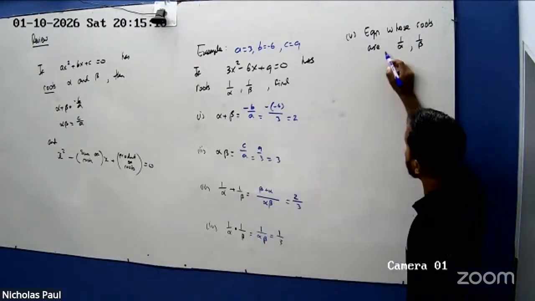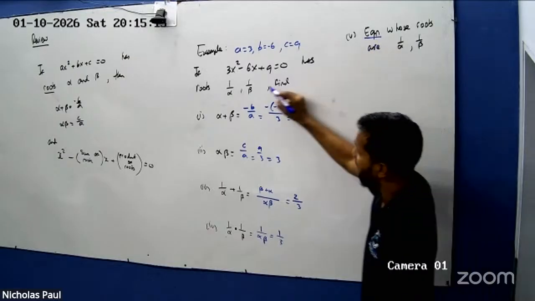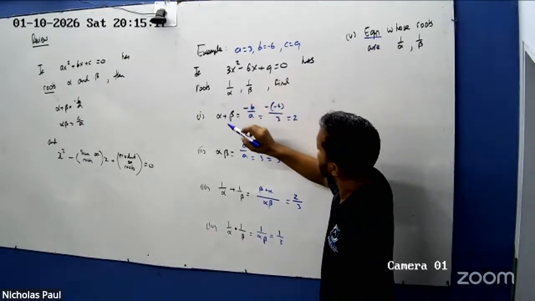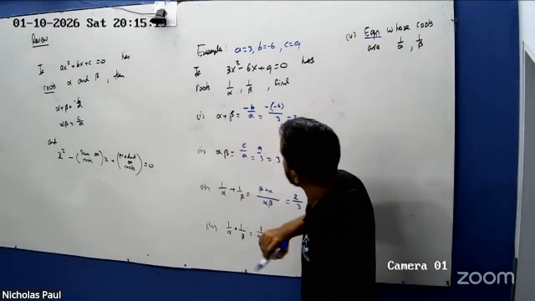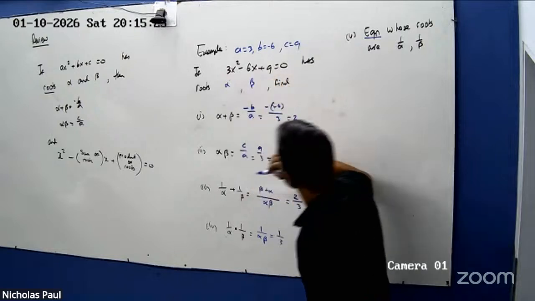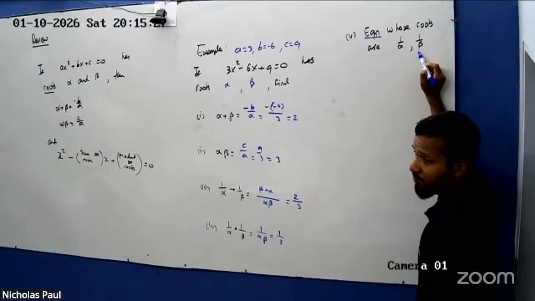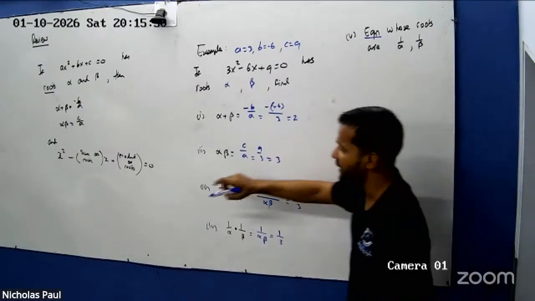If I ask for an equation, this will be a new equation because the roots were, sorry, I jumped past that. The roots were alpha and beta. Now the roots are this. So how do I find a new equation?